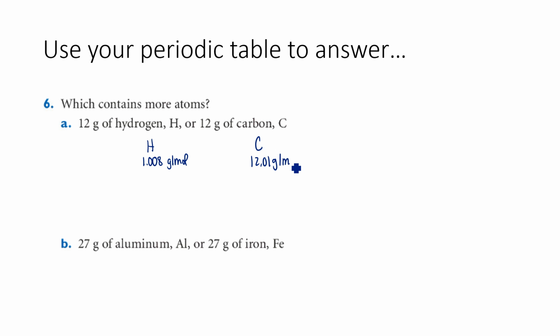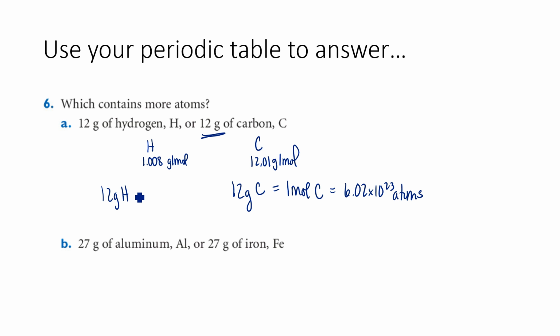And we want to compare which one has more atoms. Well, 12 grams of carbon is about 1 mole of carbon. Okay, so that contains 6.02 times 10 to the 23rd atoms. 12 grams of hydrogen, that's a lot more than a mole.